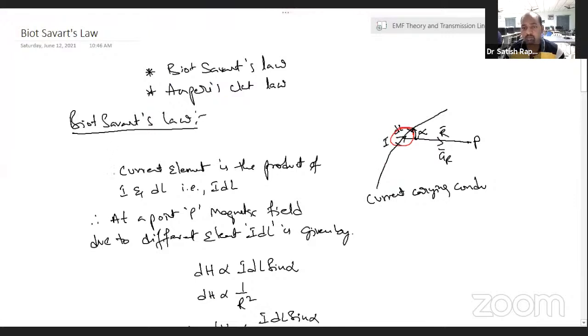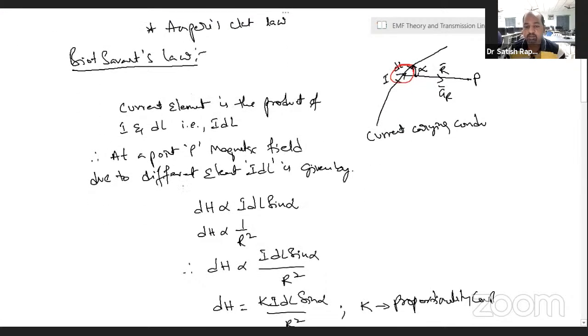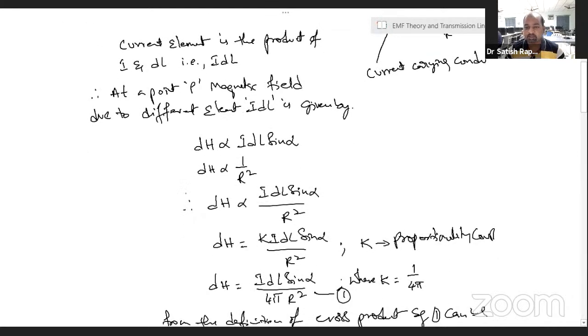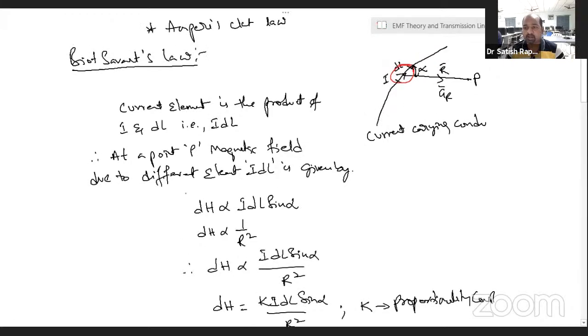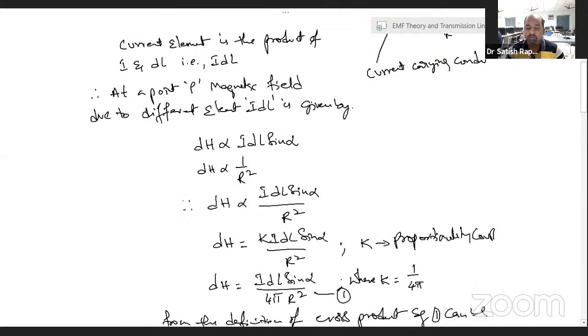So Biot-Savart's law. What is meant by Biot-Savart's law? Biot-Savart's law states that the magnetic field due to a current carrying wire, also called a filamentary conductor, is directly proportional to the current element and the sine of the angle between the current carrying conductor and a line joining point P and the differential length, and is inversely proportional to the square of the distance between point P and the current carrying conductor.